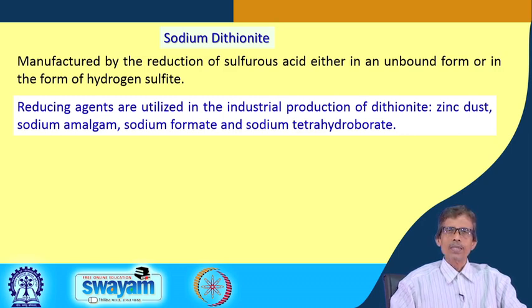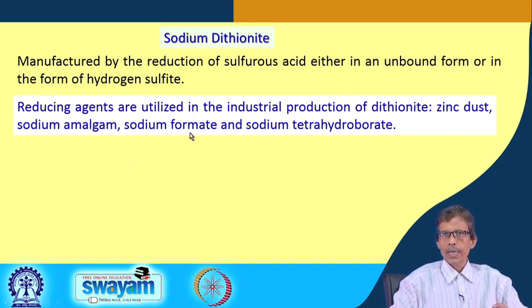So, if zinc dust is the strongest one and the corresponding sulfur dioxide is the moderate one, you will get in between the corresponding dithionite ion. Then sodium amalgam, that means sodium dissolved in mercury, NaHg, or sodium formate.